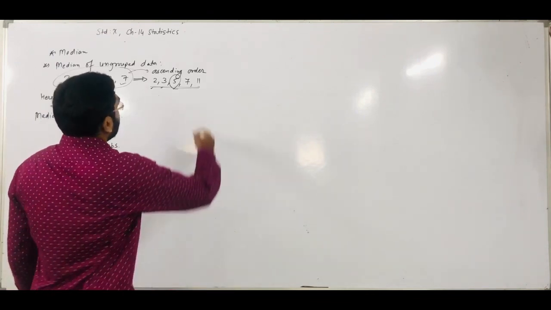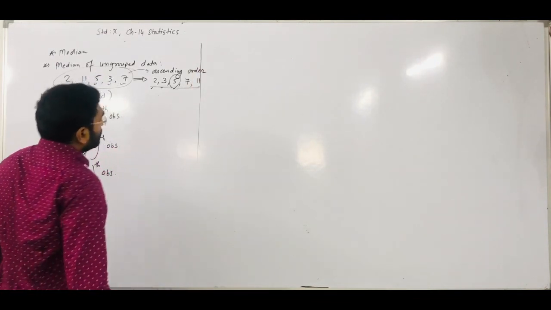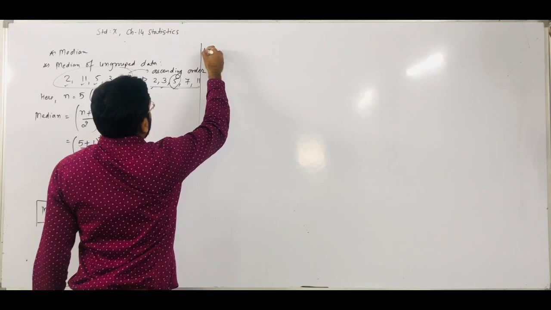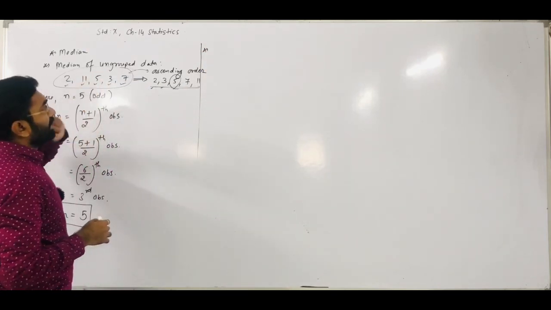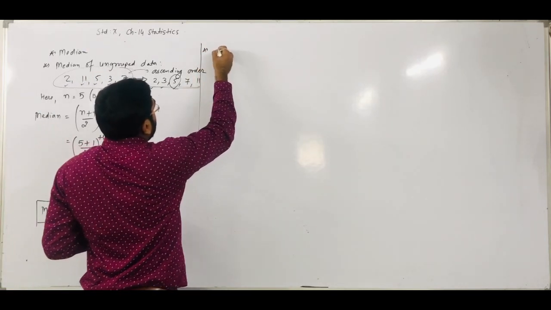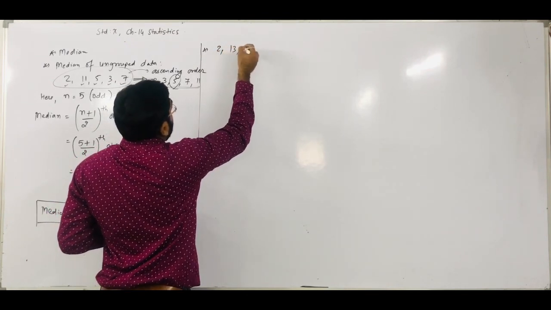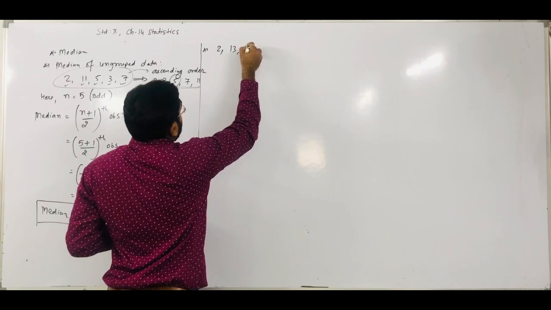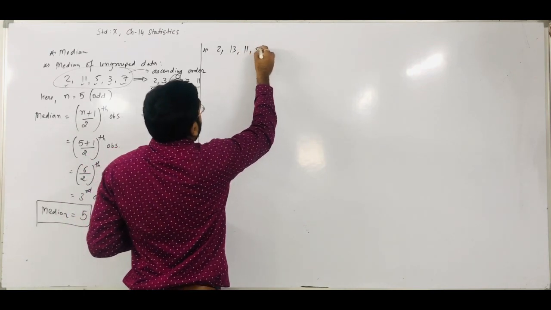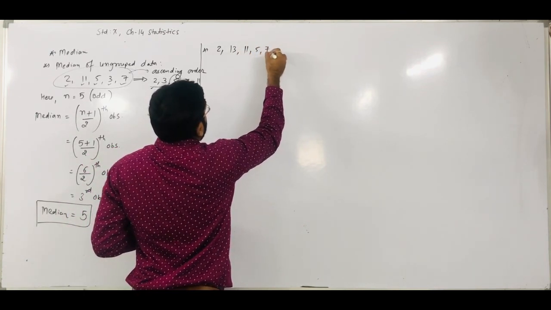Now next, the median for ungrouped data with an even number of observations. For example, I take 2, 13, 11, 5, 7 and 3.